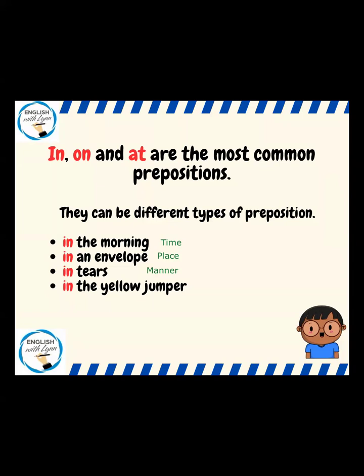And then the last one is slightly different because you have the in, which is your preposition, and then you have the yellow jumper, and that part there is a noun phrase, and it is the object of the preposition. So it's kind of talking about what someone would be wearing.